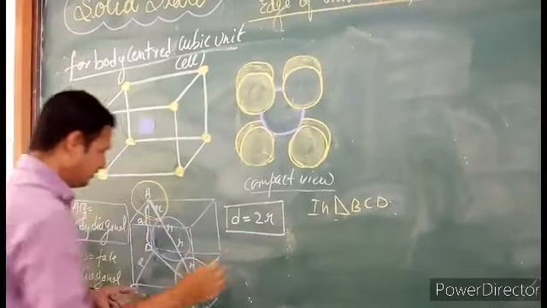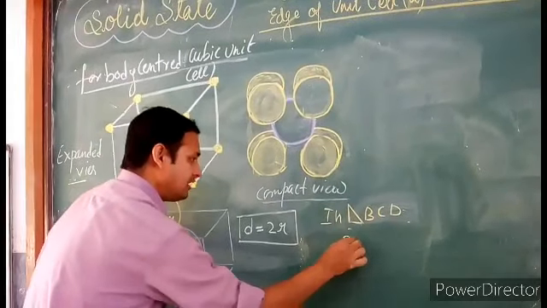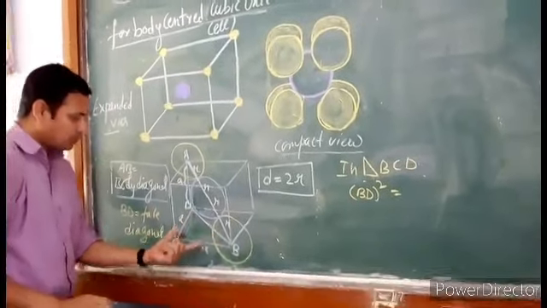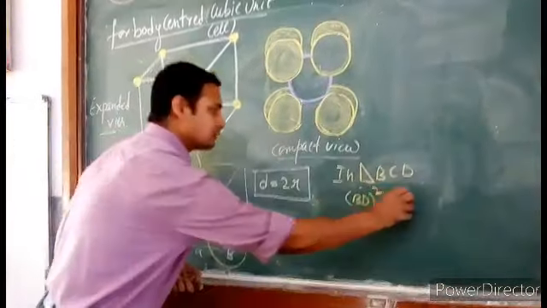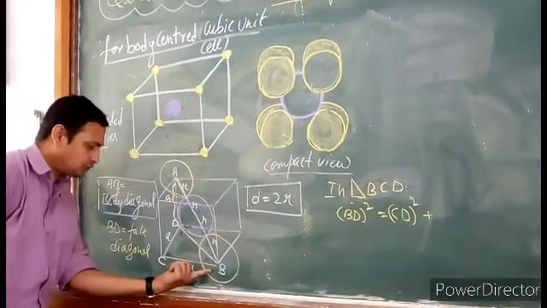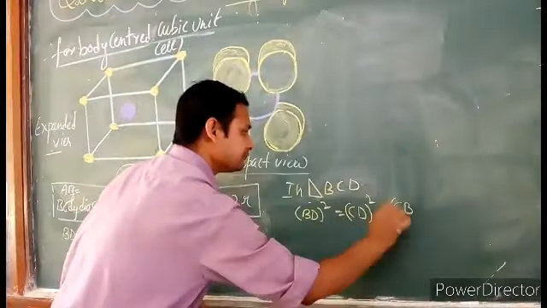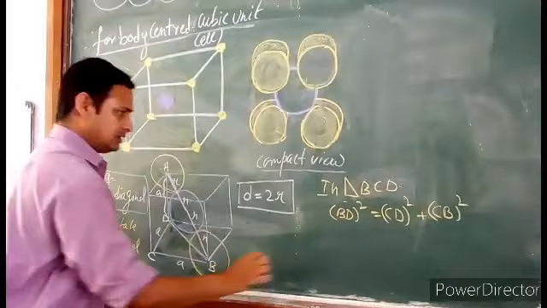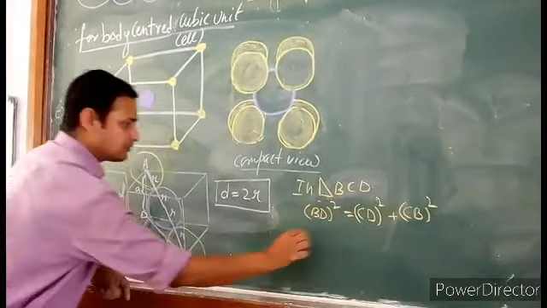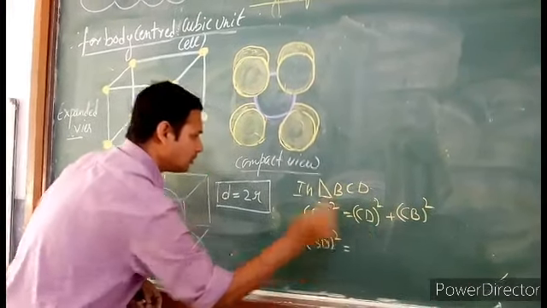So BD square equals CD square plus CB square.